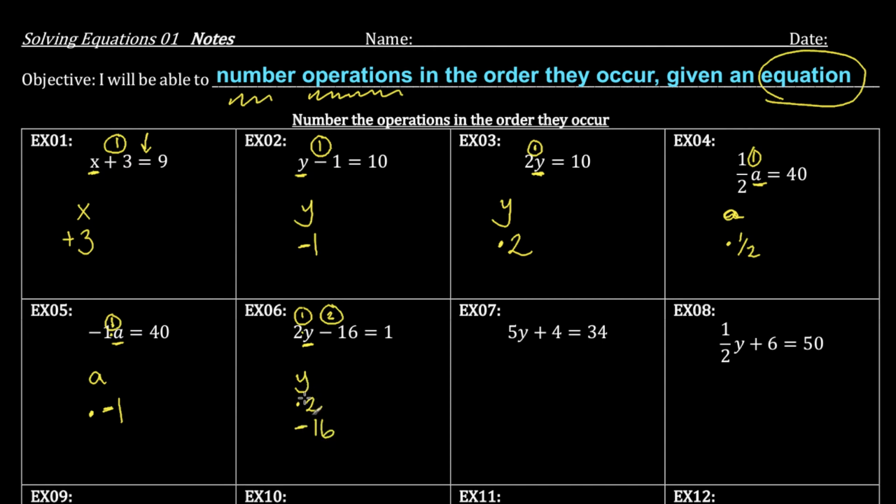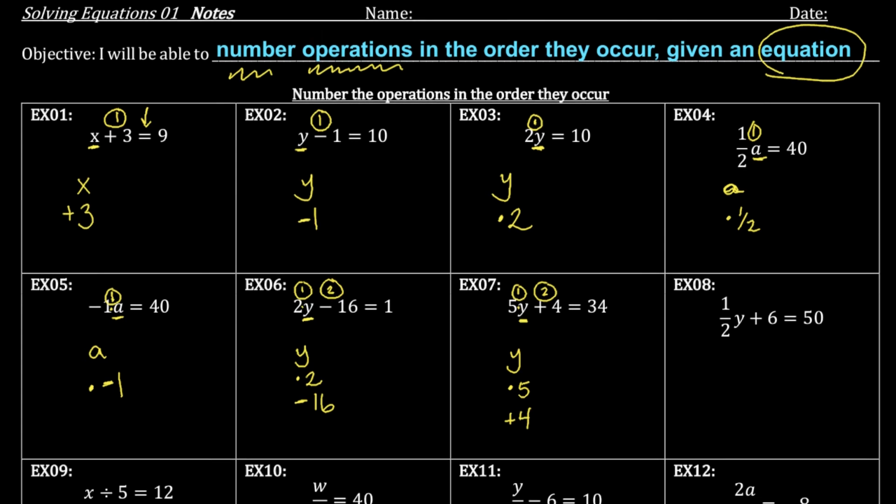So we had a number, we multiplied it by 2, we subtracted 16, and we got 1. Example number 7. This one we start off with y. We multiply by 5. Then we add 4. And we get 34.